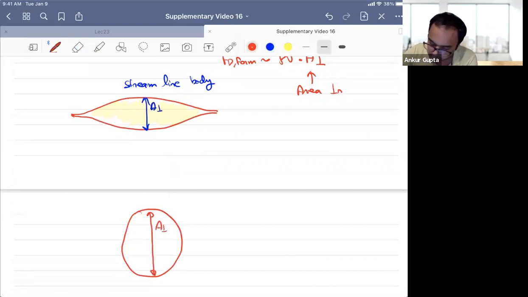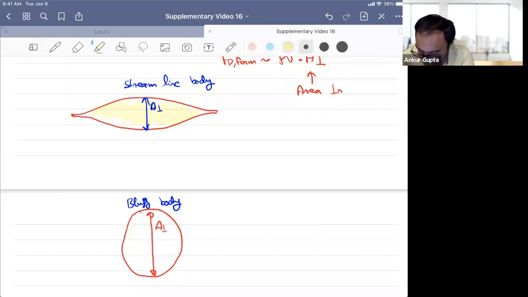So the more the body has a bluff-like feature, with a larger A perpendicular, the more the form drag starts to become dominant.